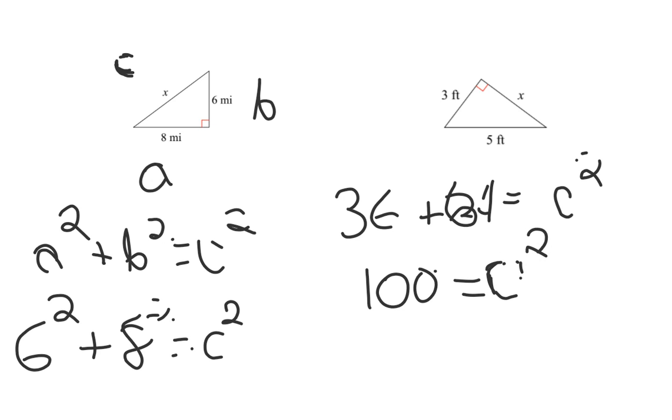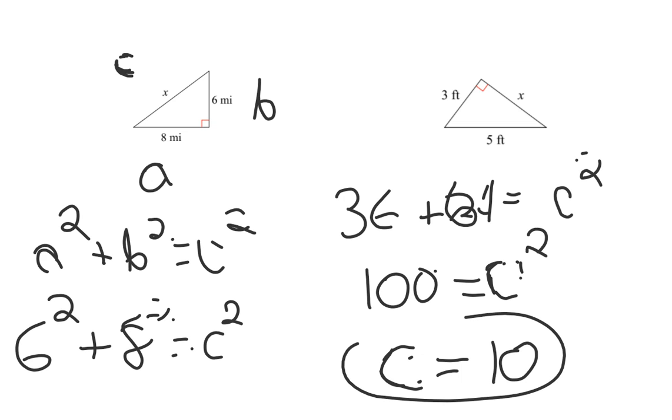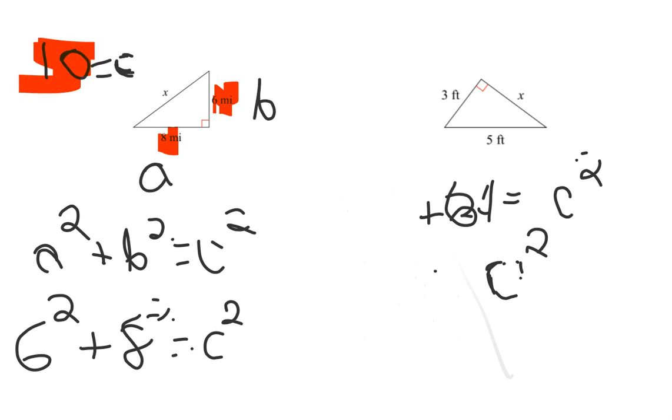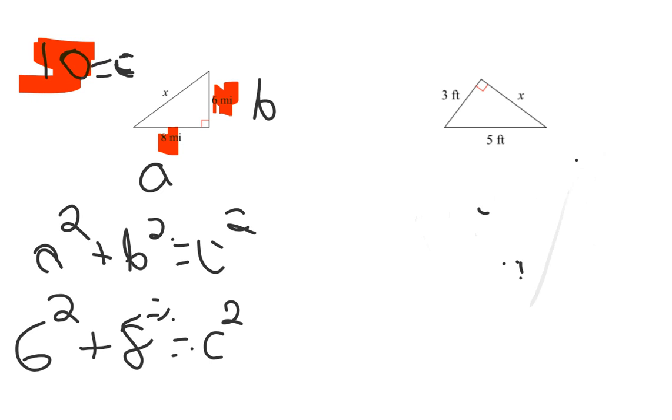If I take the square root of both sides, I'll find that my C value has got to be equal to 10. So that relationship allows us to find our missing hypotenuse. So remember, a squared, and our a is here, plus b squared, which was my 8, should equal c squared. And that'll work out every single time for a right triangle.